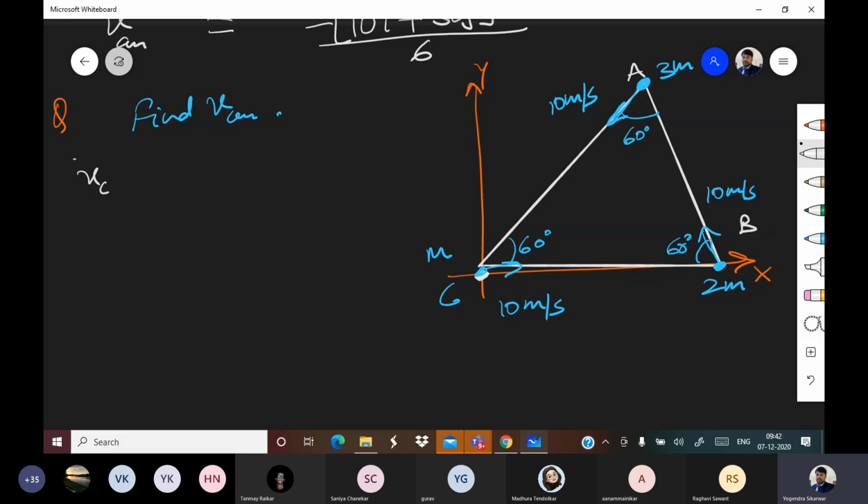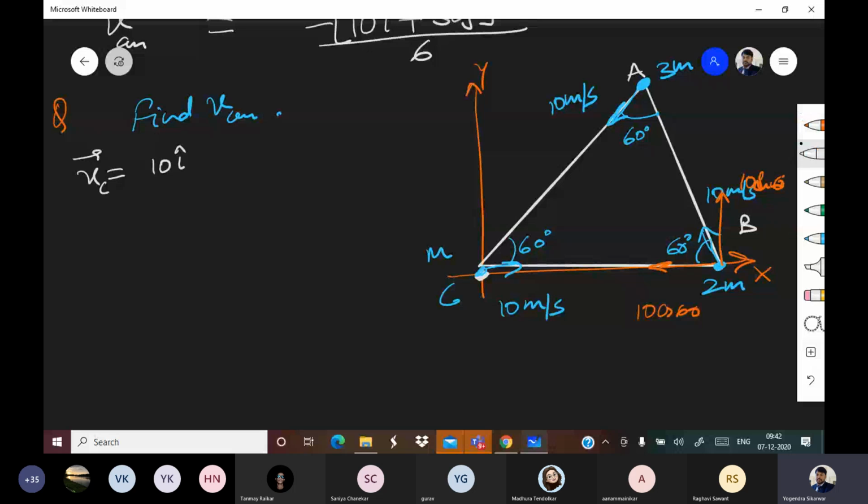VC is equal to 10 I cap. There is no doubt about it. Now if you talk about VB, we can take two components of that. One will be 10 cos 60 in this direction and 10 sine 60 in this direction.